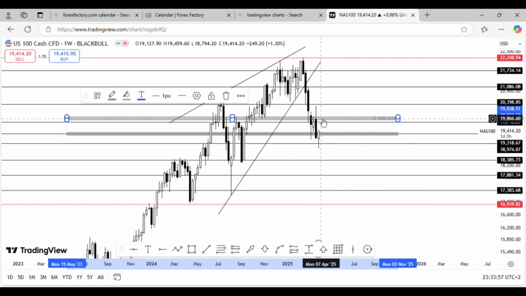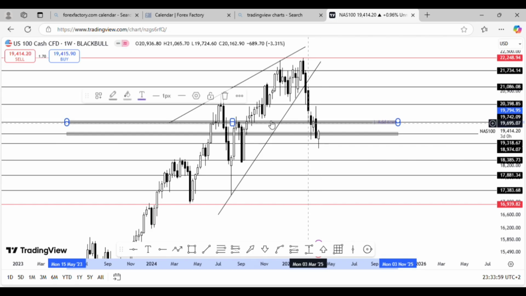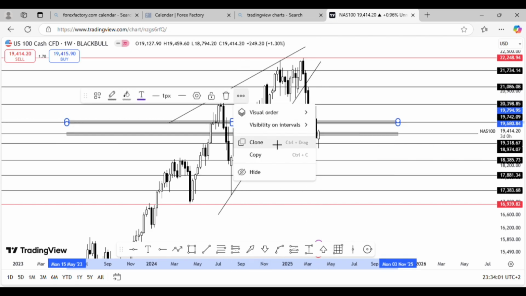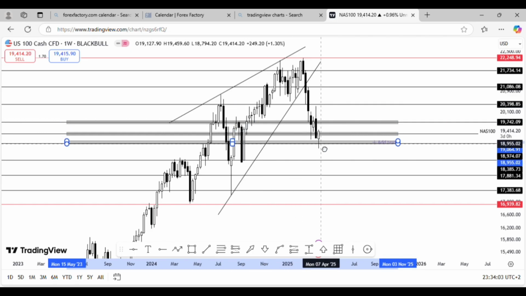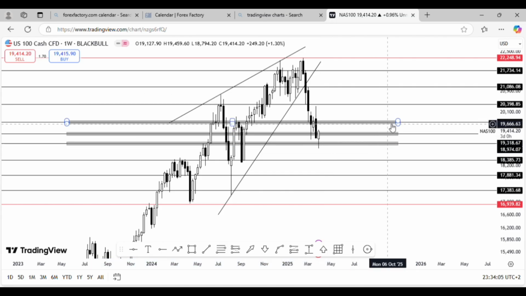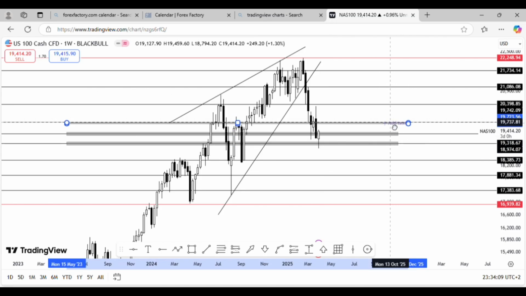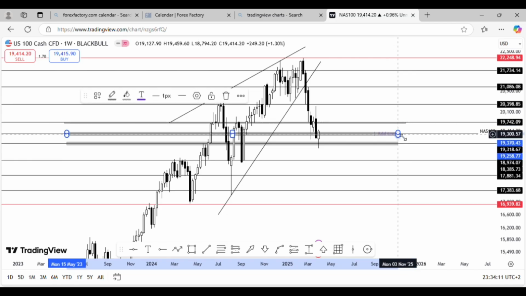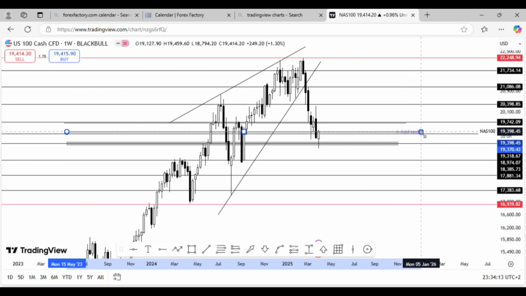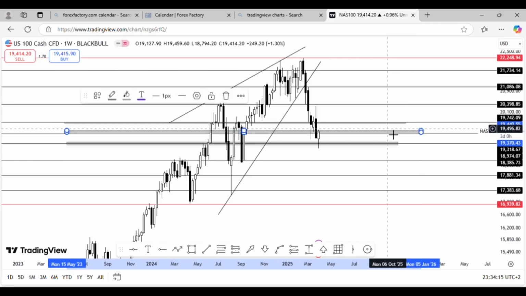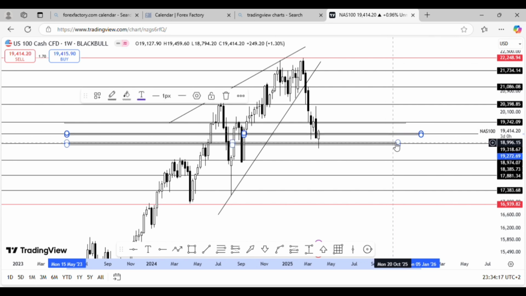So I'll just identify those rectangles on these zones. Let me make them smaller, guys, because as we go to the smallest time frames, the rectangles become big things. I don't want to come back and fix them, so we might as well fix them here before we go down.